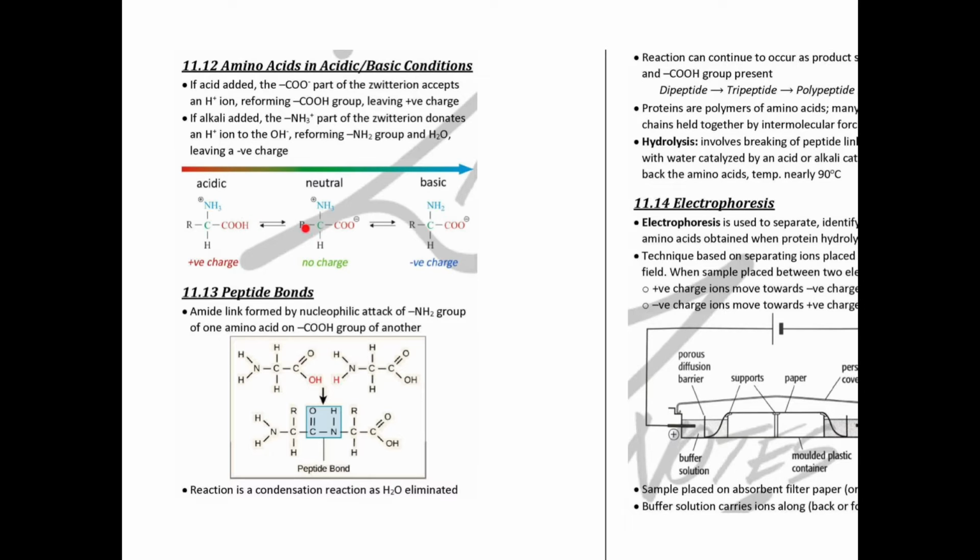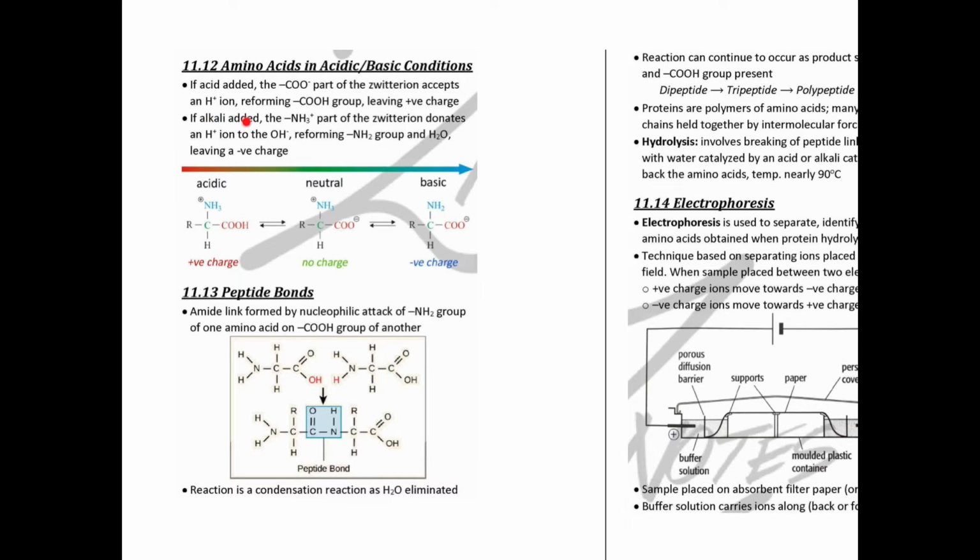The negatively charged COO minus will take the H plus and form COOH, losing the negative charge, and hence this zwitterion now forms a positively charged ion. So you add H plus, it forms positive ions.